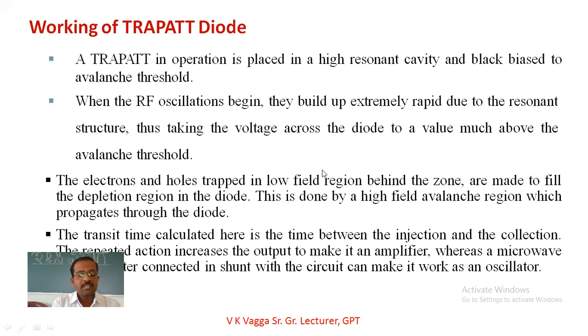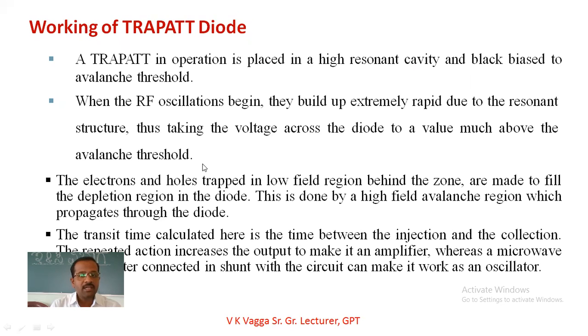So initially the DC voltage is applied, and after application of the RF oscillations, RF meaning the radio frequency signal, it is overlapped with the DC voltage, and afterwards it will cross the avalanche threshold, so that the voltage across the diode is much above the avalanche threshold.